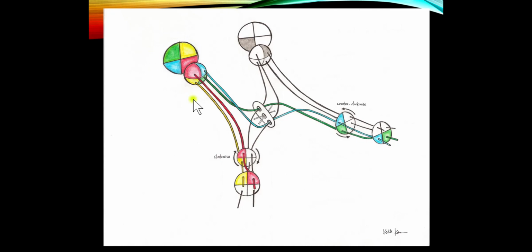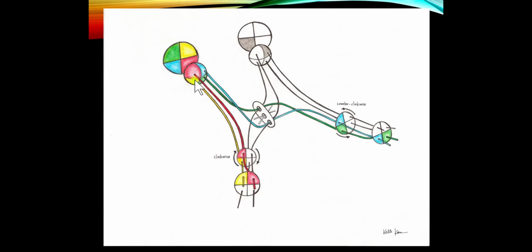Notice this temporal upper portion of the retina: what does it see? It sees the nasal visual field right here, whereas the lower temporal retina sees the upper nasal visual field.